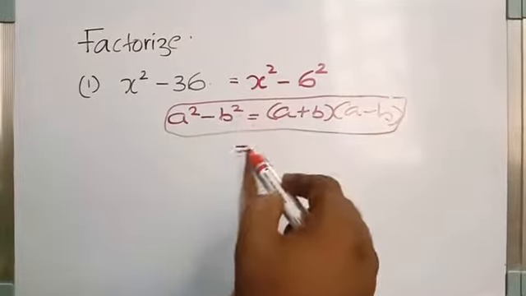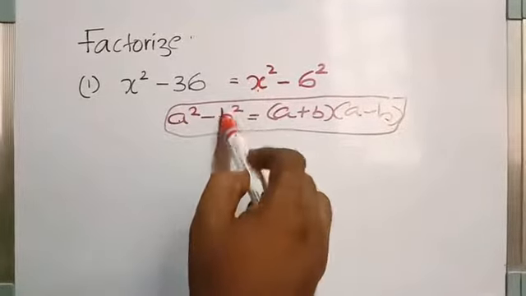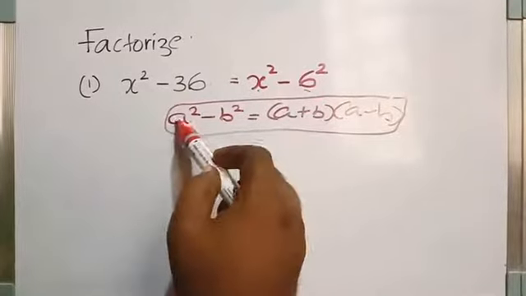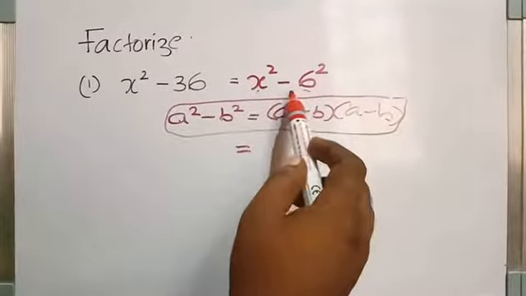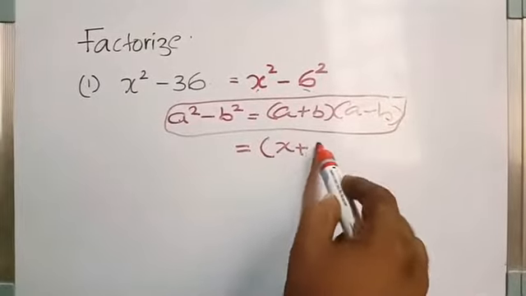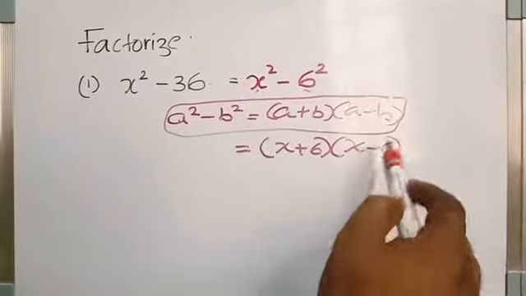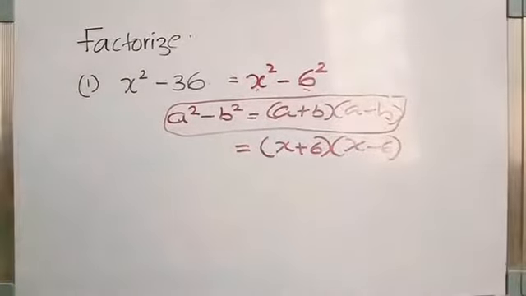Here instead of a we have x and b is 6. So a is x, b is 6. So x squared minus 6 squared is x plus 6 into x minus 6. That's the answer. It's very simple.